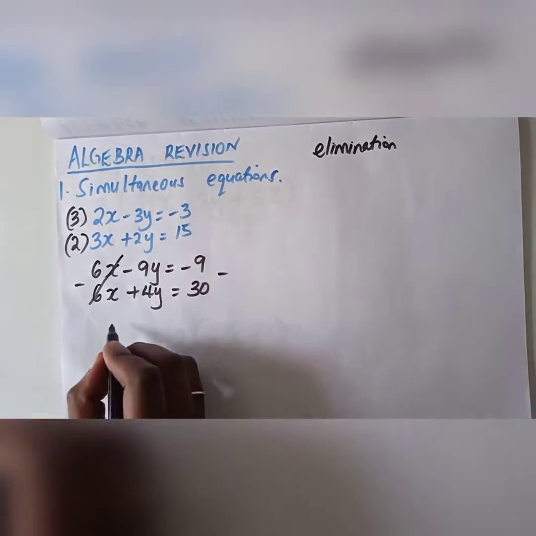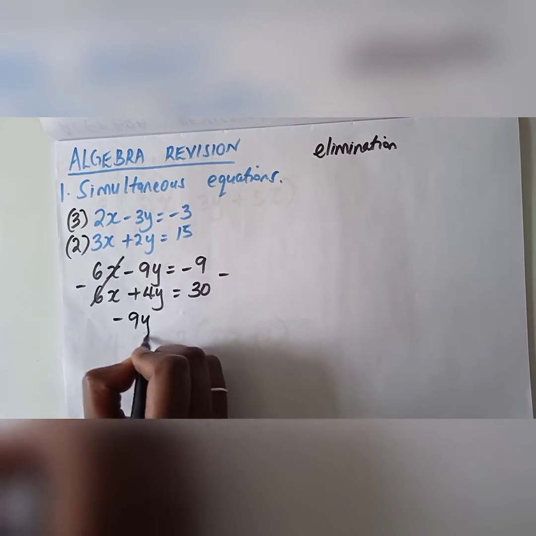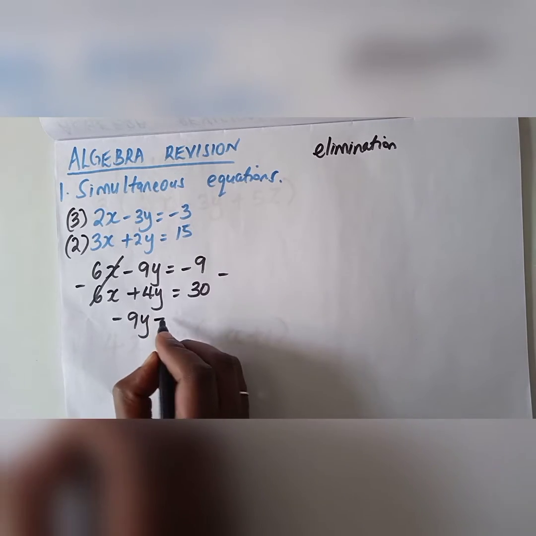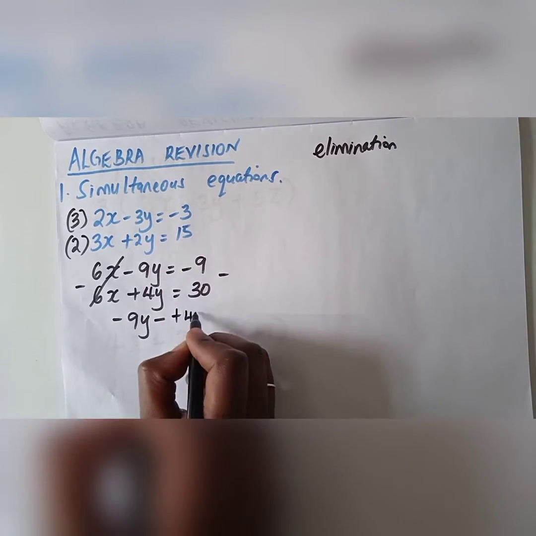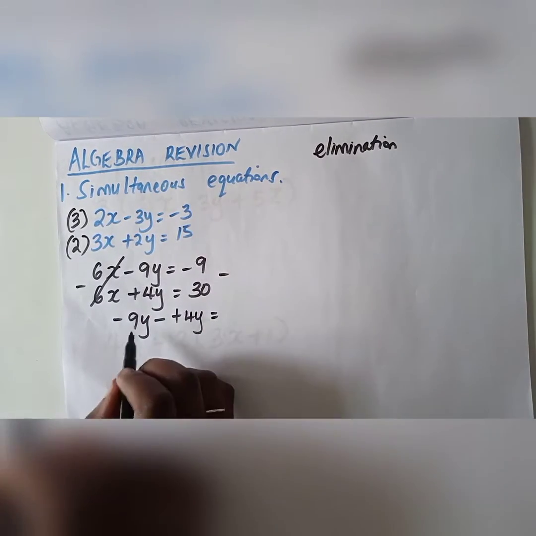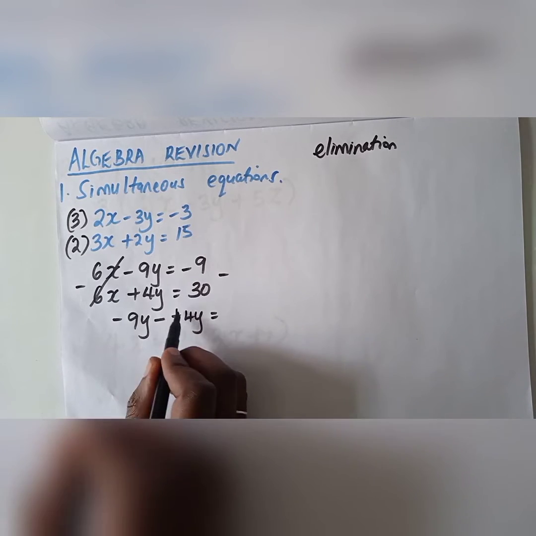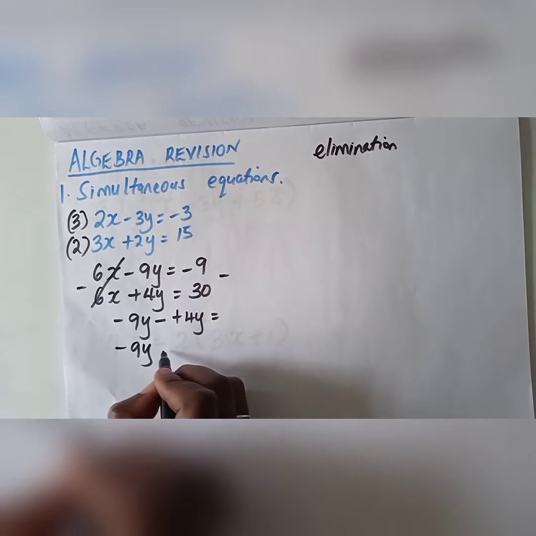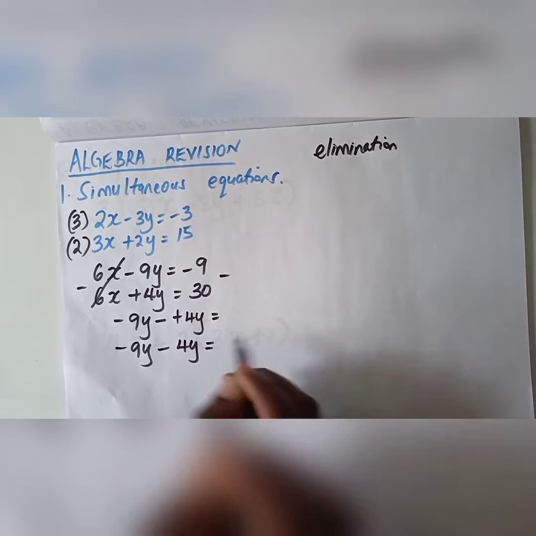So this one you can write as minus 9y. You take the sign before the number. Then you're doing subtraction, and then this one is positive 4y. So when you have a different sign, this one will change and it will become minus 9y minus 4y.